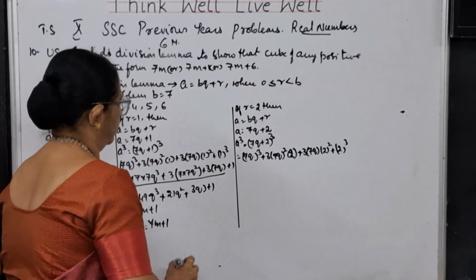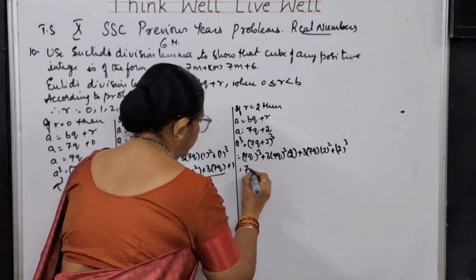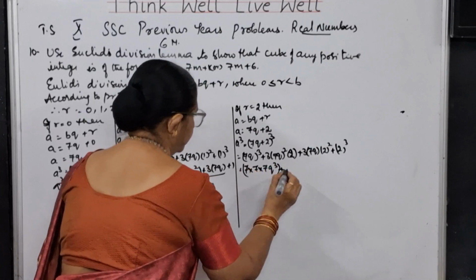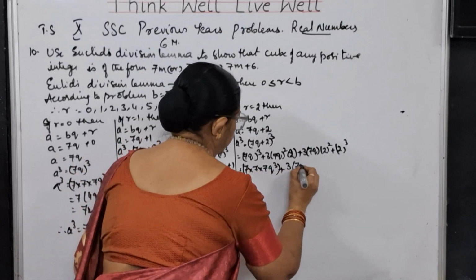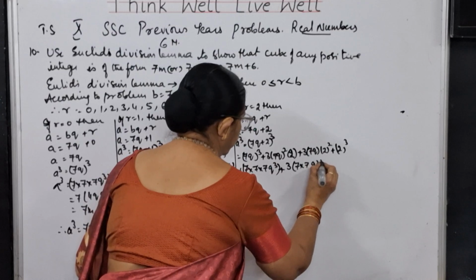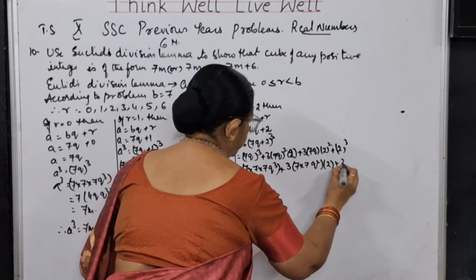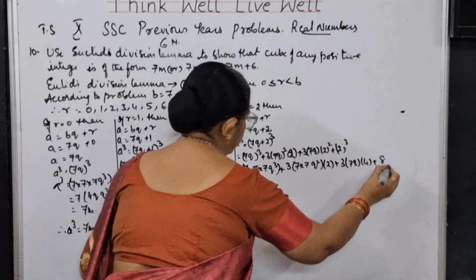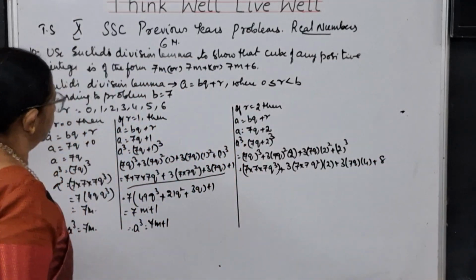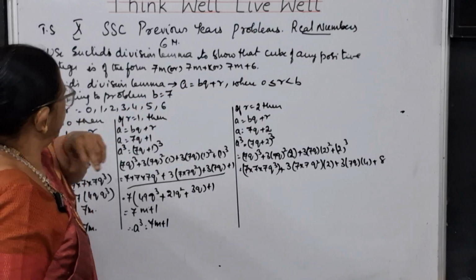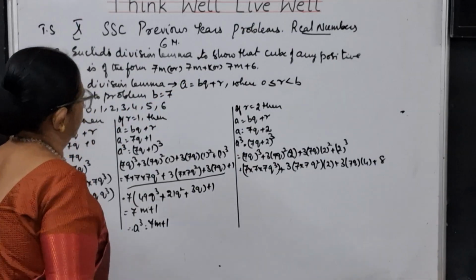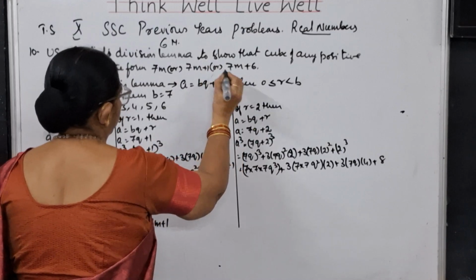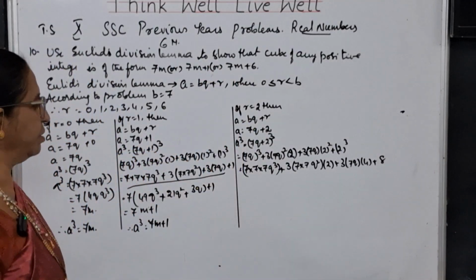That is 7 into 7 into 7 q cube plus 3 into 7 into 7 q square into 2 plus 3 into 7q into 4 plus 8. Now, what do I want, children? Either 7m plus 1 or 7m plus 6.